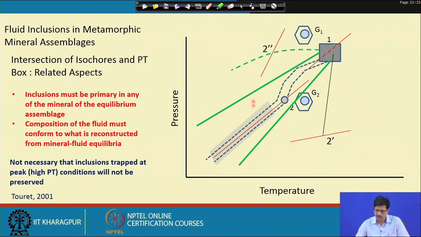They could always be in a complete path of evolution where there would have been a peak metamorphic condition, followed by a process of retrogression, and if such mineral assemblages are also preserved in sequence within the same rock, then we can always study the fluid inclusions in such different assemblages in the same rock.